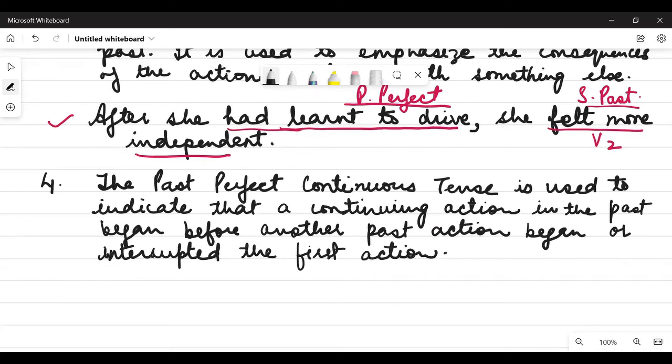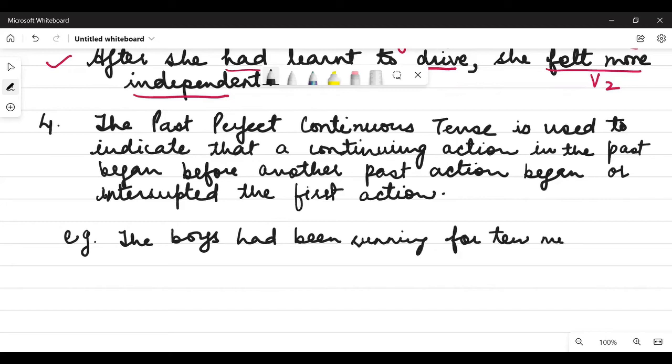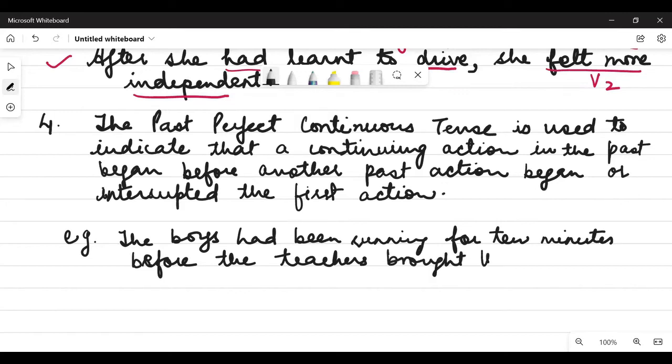Like, for example, the boys had been running around for 10 minutes before the teachers brought them back into the class.